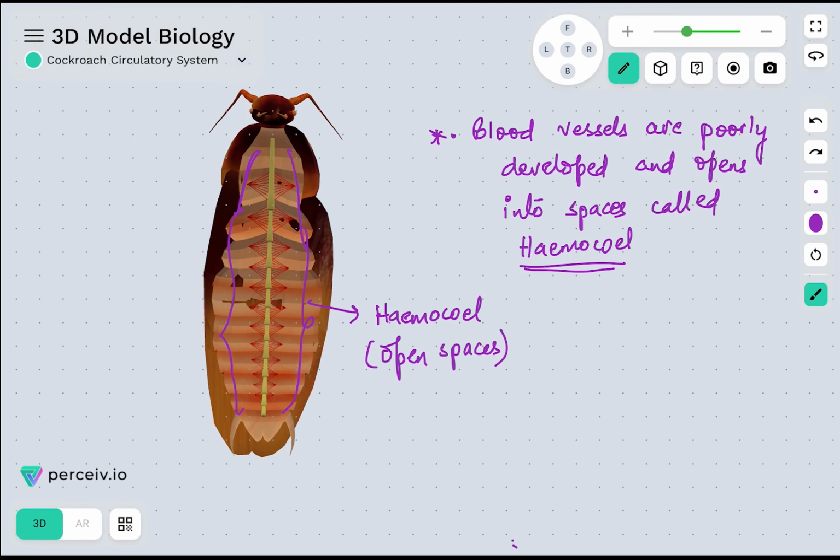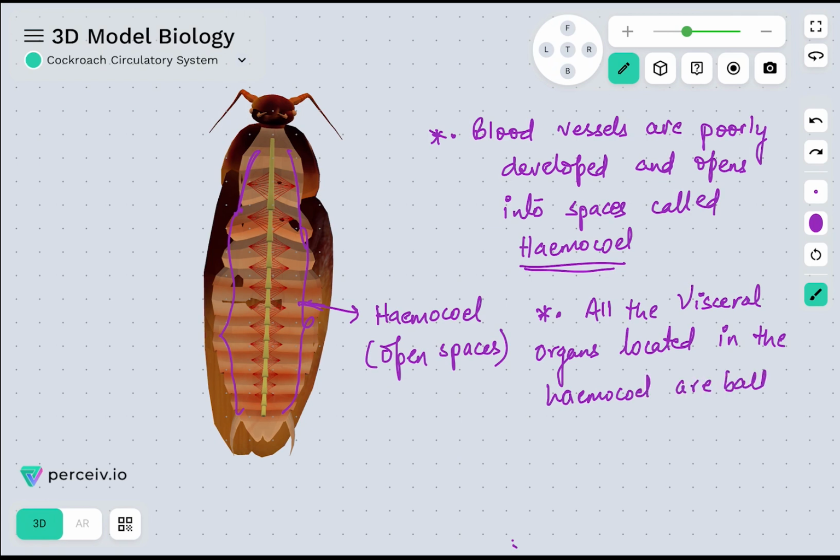So we can note this point as well, that all the visceral organs located in the hemocoel, whatever organs you can see in these open spaces, are bathed in blood.